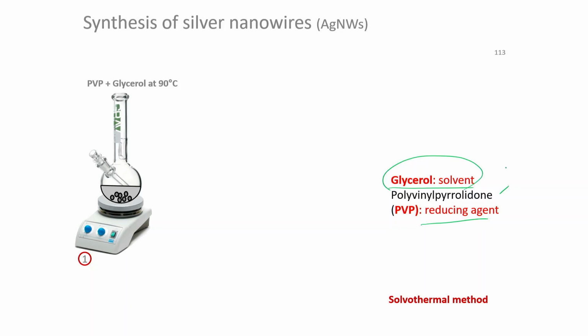So, this is the method, and here we used a solvothermal method, so solvent used at higher temperature. Both solvents' reactivity will be there, glycerol is a solvent, and the experiment was carried out at 90 degree Celsius, that mixture.